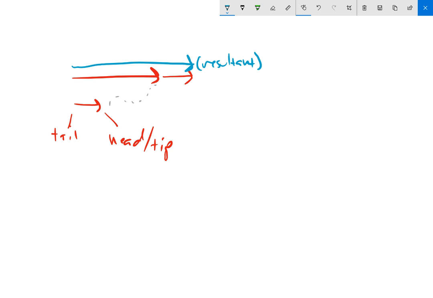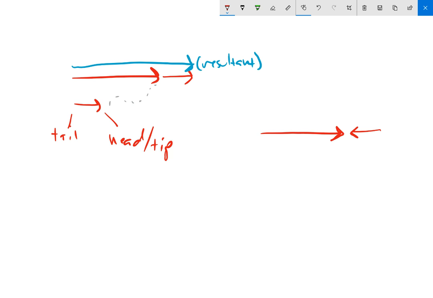Great. What if the vectors are going in the opposite direction? Let's go back to red. I can't add them tip to tail because no matter what direction I put them, they're going to be head to head or tail to tail. So I'm just going to put them right next to each other on the same line, and you'll be able to see what you need to do.